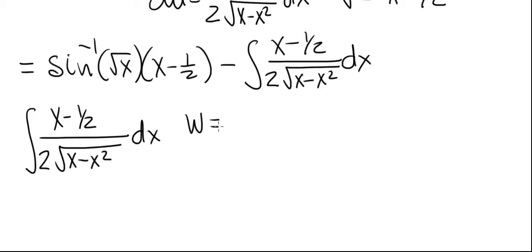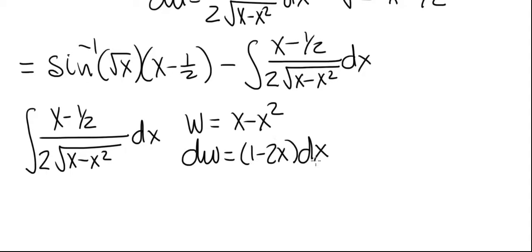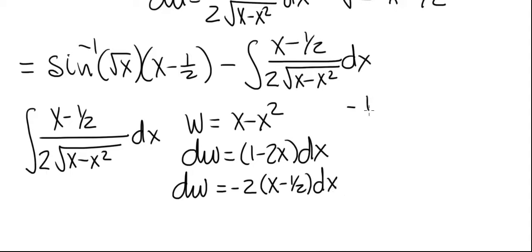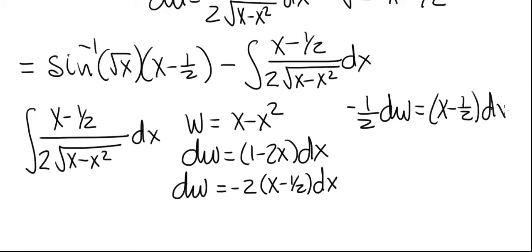We'll let w equal x minus x squared. dw is 1 minus 2x dx. Again, we'll factor out minus 2, so this is dw equals minus 2 times x minus 1/2 dx. And so minus 1/2 dw is equal to x minus 1/2 dx.